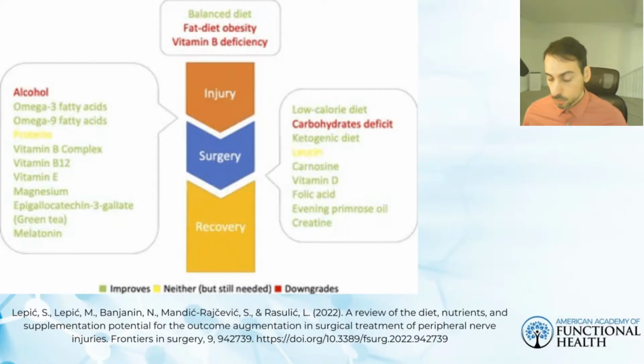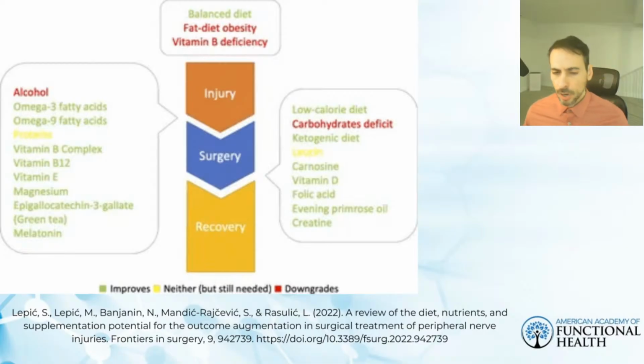Vitamin C is really important for regeneration of pretty much every tissue in our body. You've got vitamin E, which has powerful antioxidant properties. You've got magnesium, omega-3s and 9s, and they're all required for nerve function and nerve integrity.